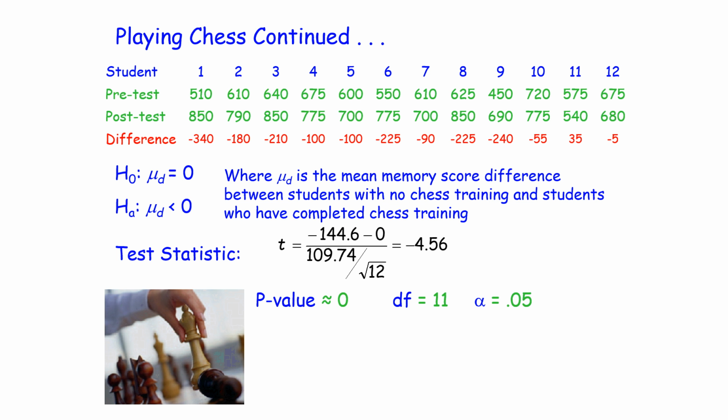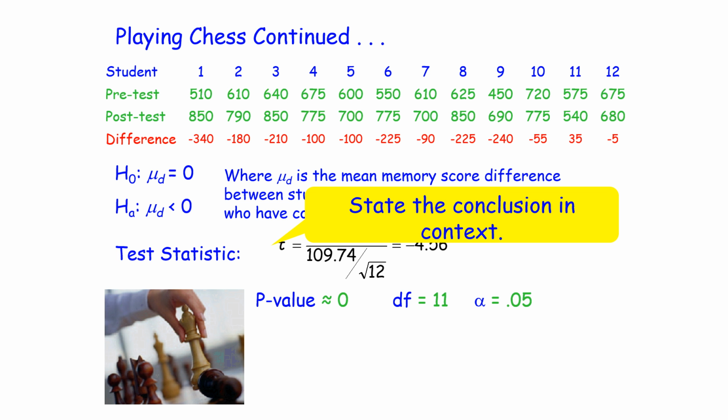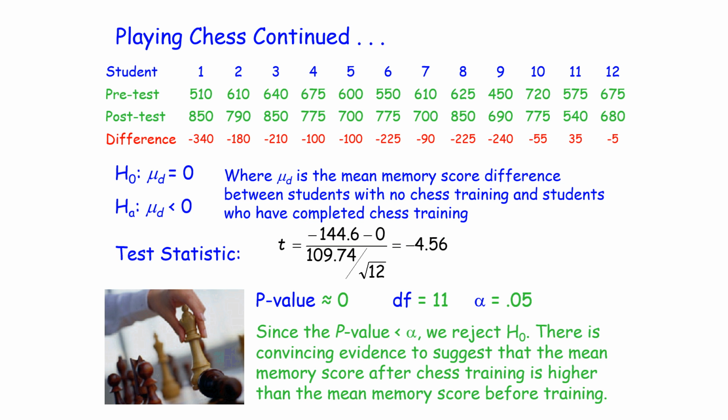We have degrees of freedom of 11, and we'll use an alpha of 0.05. So now we're going to state our conclusion in context. Since the p-value is less than alpha, we're rejecting the null hypothesis. There is convincing evidence to suggest that the mean memory score after chess training is higher than the mean memory score before training.